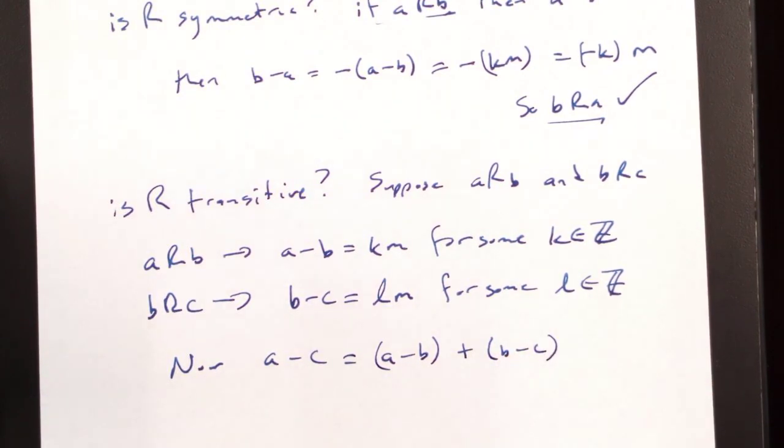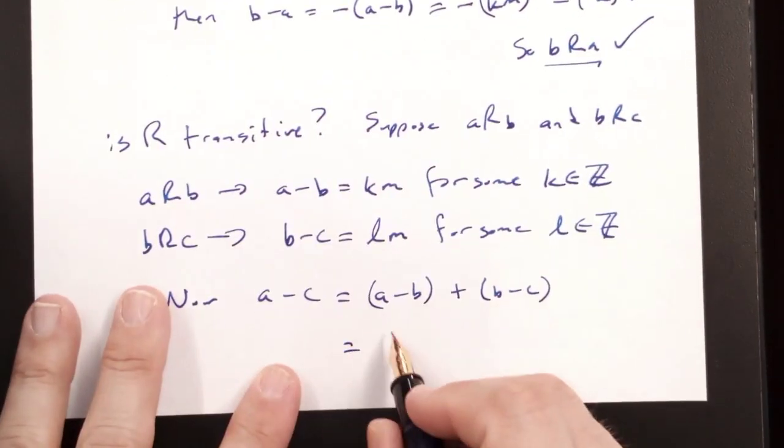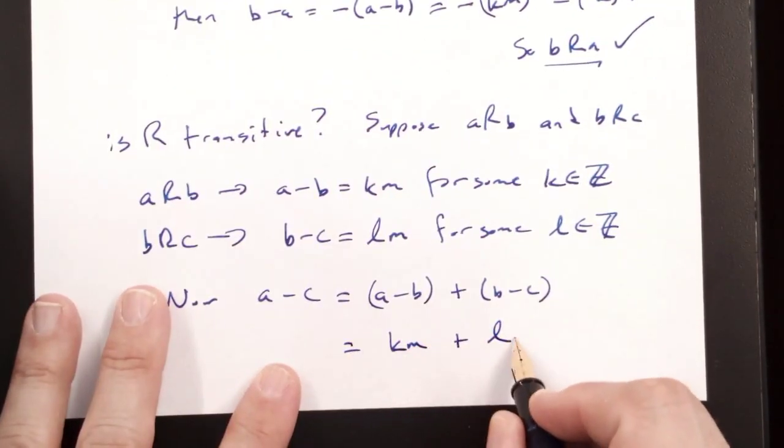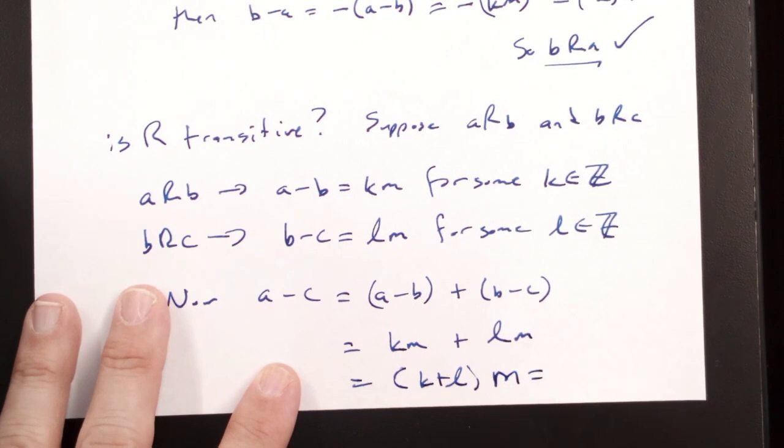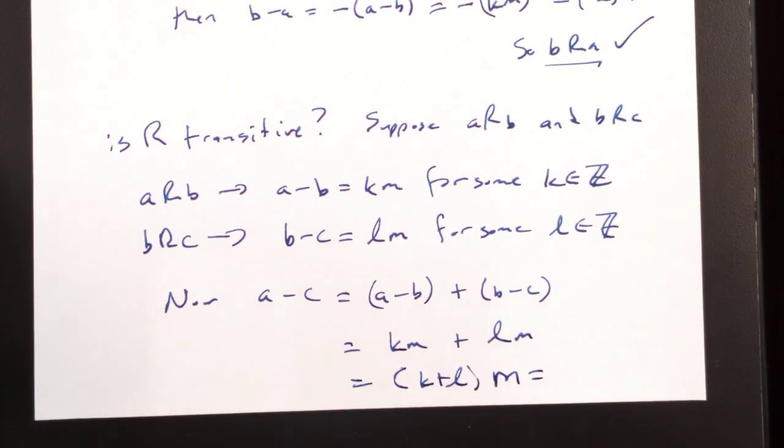Because if I rearrange the parentheses, the minus B and the plus B cancel each other out. Which means this is Km plus Lm, which is, I can factor out an m. And K plus L is still an integer, isn't it?